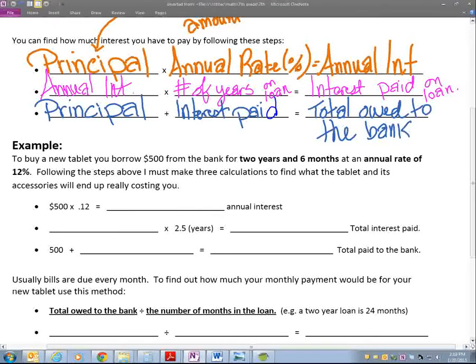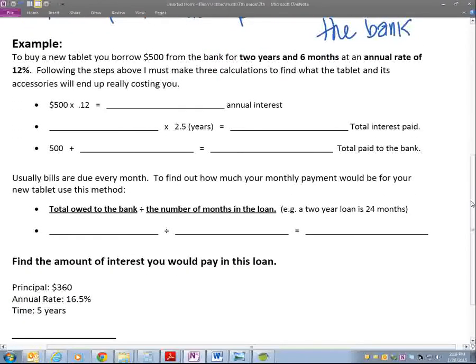Now, in order to find this, we take the principal and we multiply it by the rate at which we are being charged. Which is 0.12 or 12 hundredths. So what do we got there, Dominique? $60.